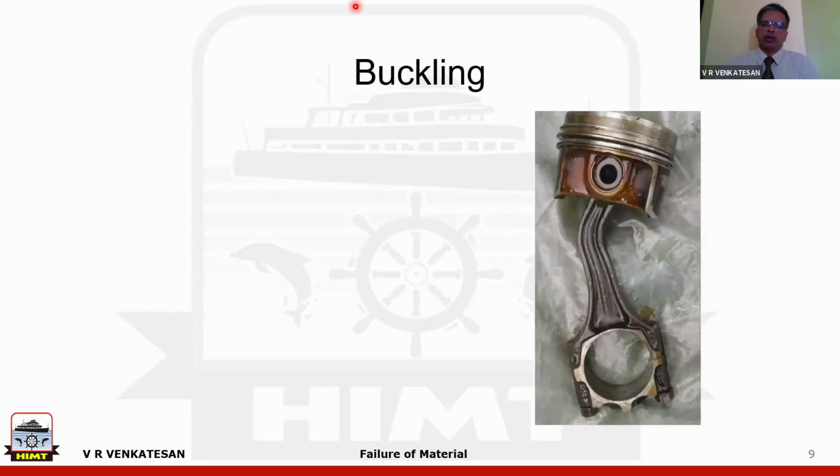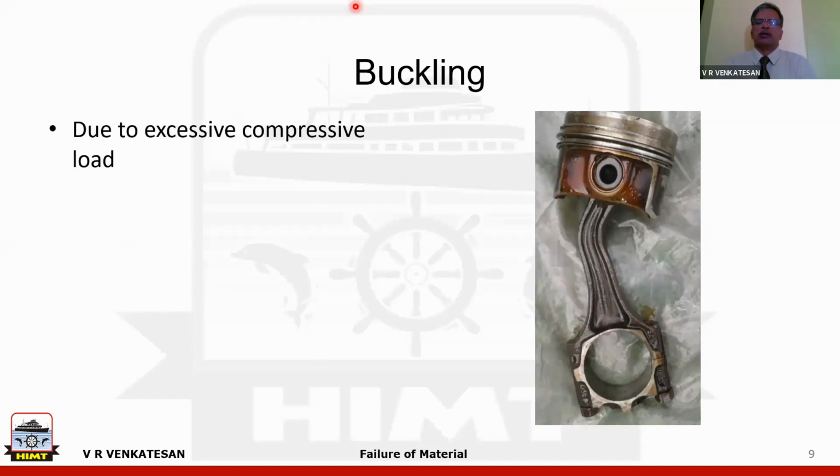Now, this picture you see is an example of buckling. This is a bent connecting rod in a small engine, like an automobile engine, and this is due to excessive compressive load.